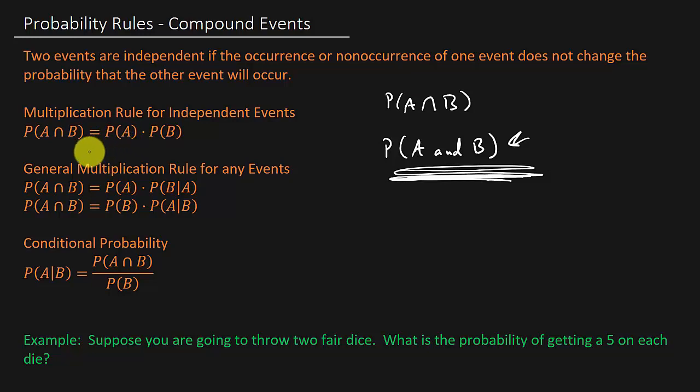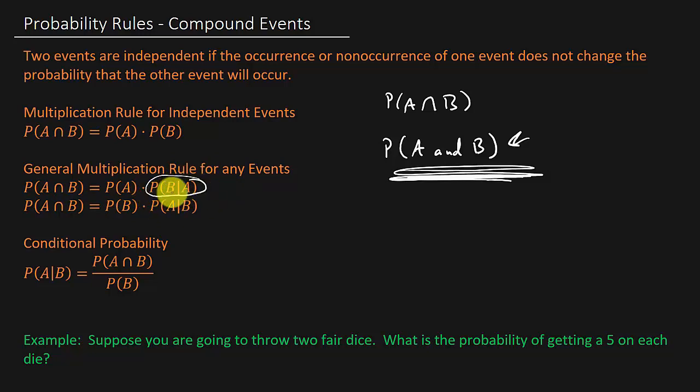All right, and then the general multiplication rule for any events is that the probability of A and B is equal to the probability of A times the probability of B given A. How do you read this?